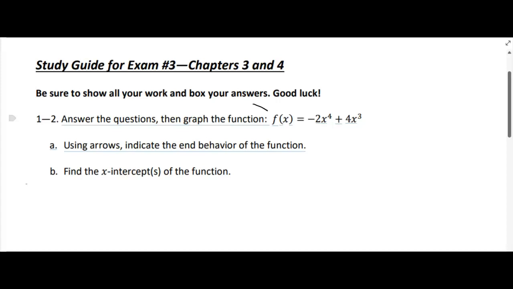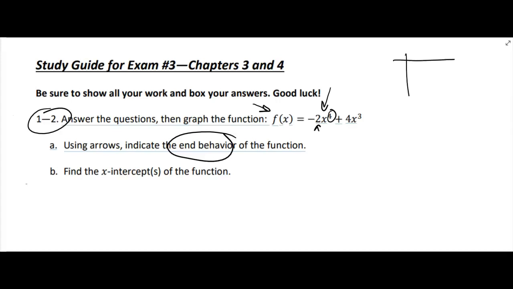We're going to be using this function for questions 1 and 2. It says, using arrows, indicate the end behavior of the function. So this has to do with end behavior. You'll need to look that up if you don't remember, but it has to do with the leading term. This is negative and this is even.